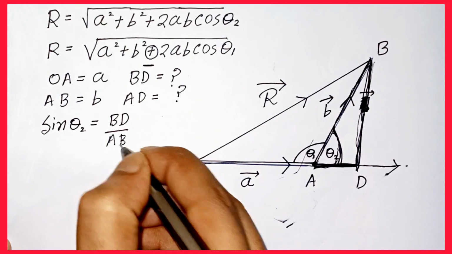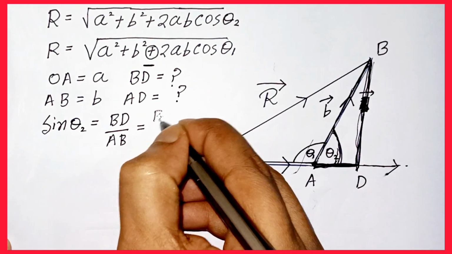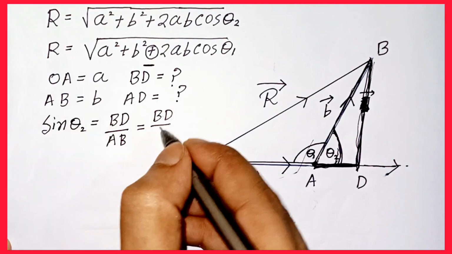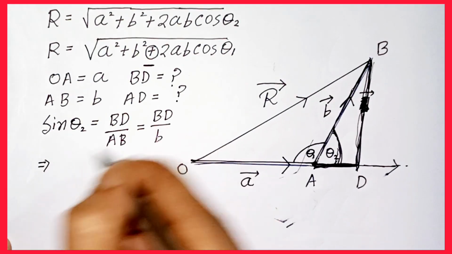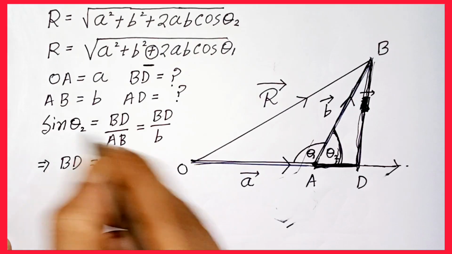Now BD is an unknown term, but AB is given, that is small b. Now cross multiply, which implies that BD equals b sine theta 2.